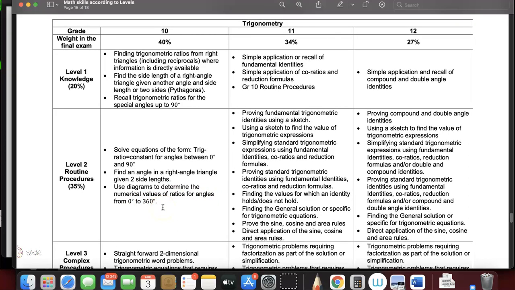Next: use the diagrams to determine the numerical values of ratios for angles from 0 to 360. Let me just figure out what that means.